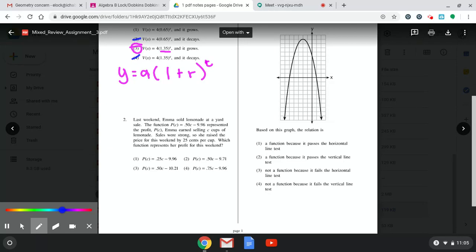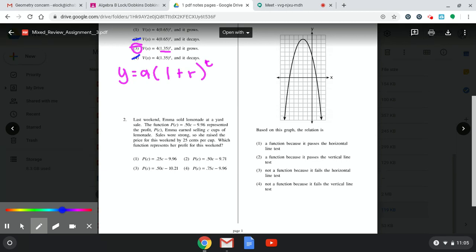So looking at number 2, last weekend, Emma sold lemonade at a yard sale. The function P of C equals 0.50C minus 9.96, represented by the profit P of C. So that's talking about the profits. Emma earned selling C cups of lemonade.